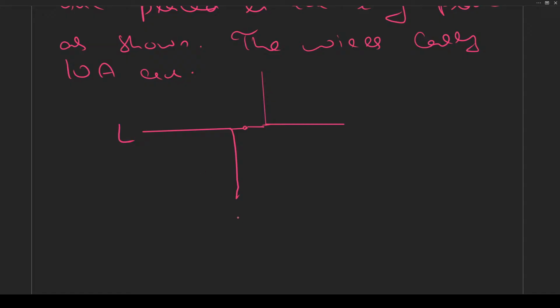This is L, P, I. This is Q and M. The segments L and M are along the x-axis and P and Q are along the y-axis, such that OS, this is O, this is S, and this is R. OS is equal to OR, equal to 0.02 meter.